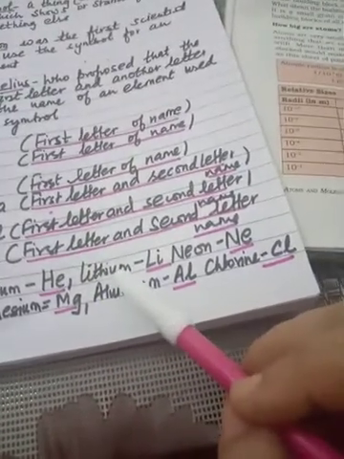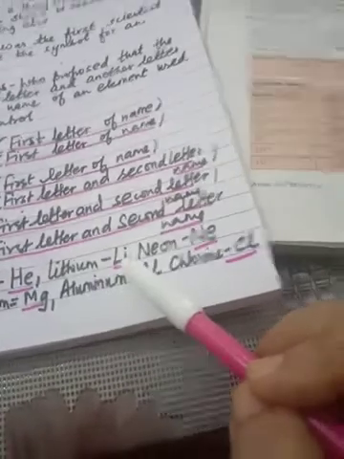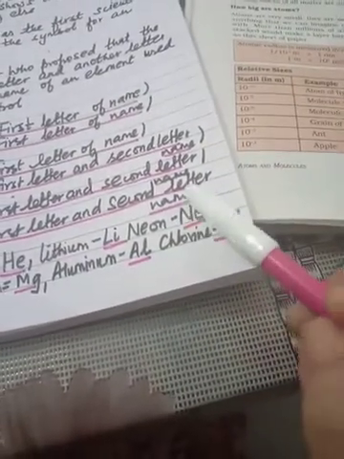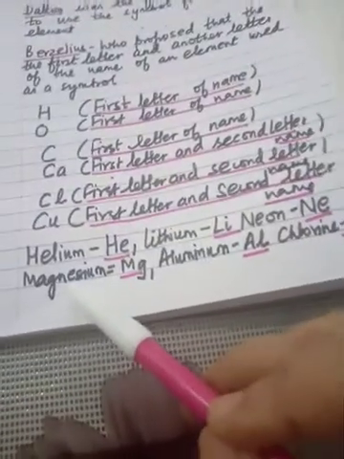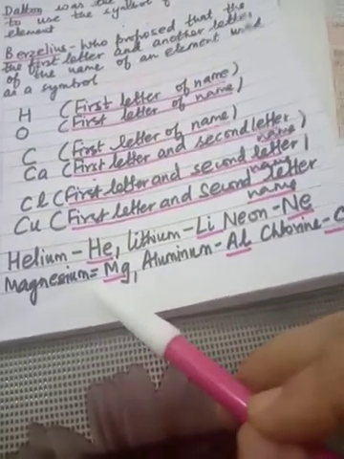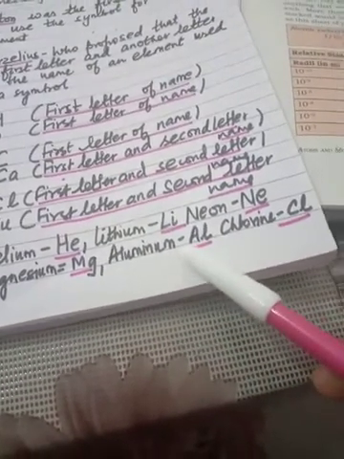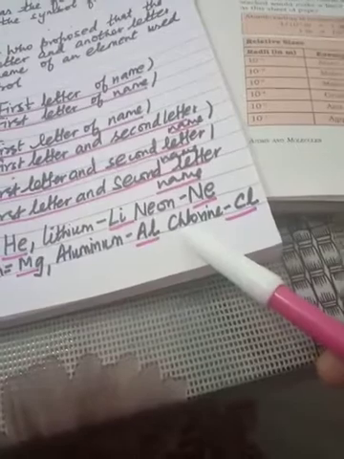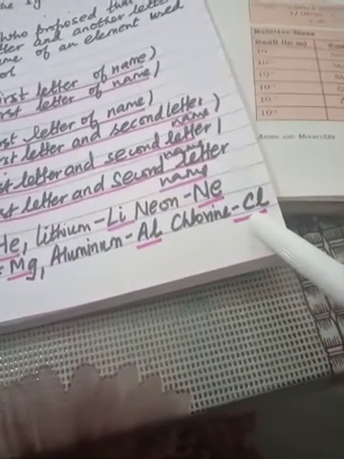In case of lithium, L is capital, i is small. Neon, N is capital, e is small. In case of magnesium, M is capital, g is small. Aluminium, A is capital, l is small. Chlorine, C is capital, l is small.